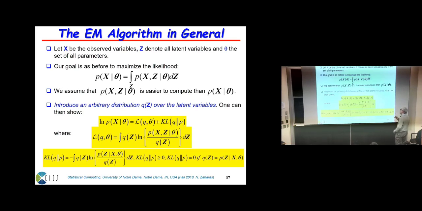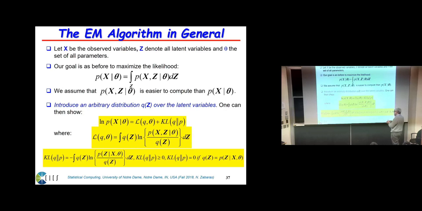So this is called the lower bound. We will explain why it is the lower bound. It's given by this wonderful formula, and this is the KL distance between an arbitrary distribution Q and the posterior P of the latent variables.